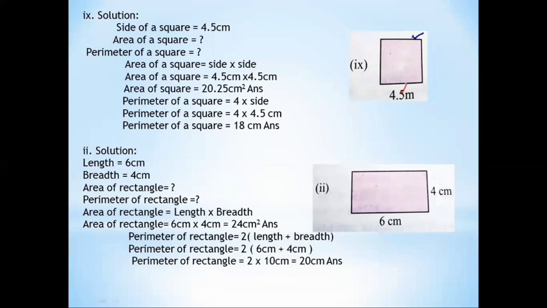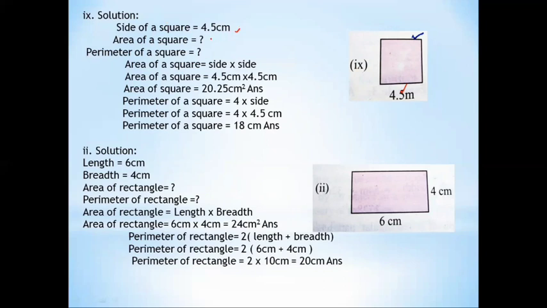First of all, we will write the solution at the start of the answer: the measurement of one side of a square is 4.5.